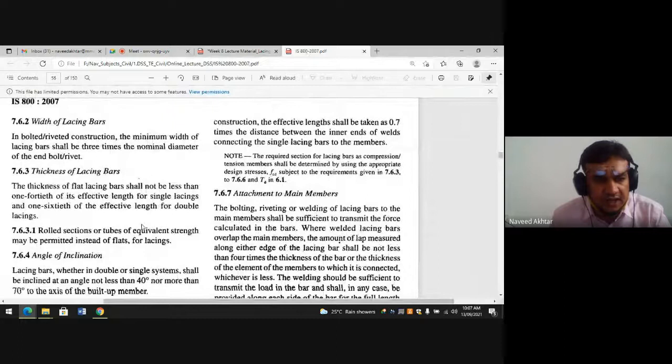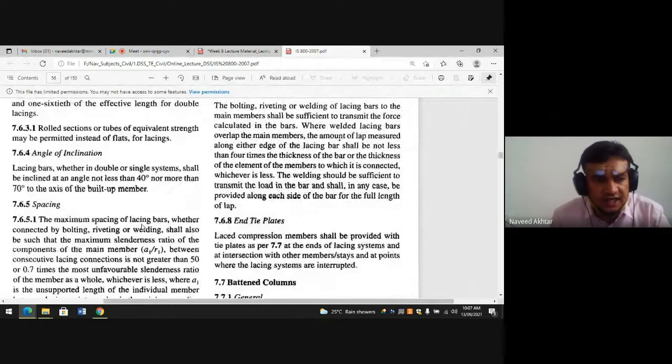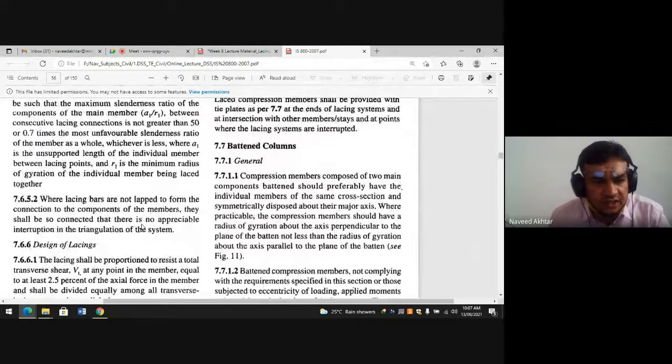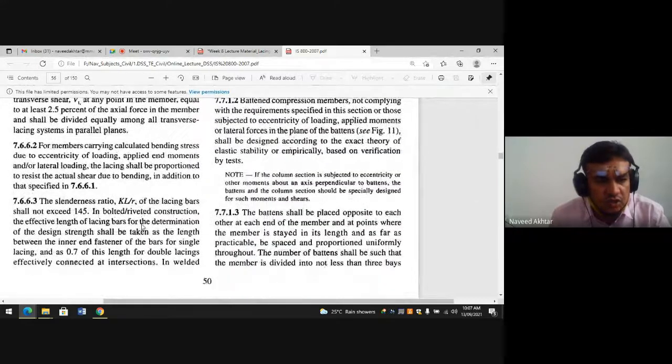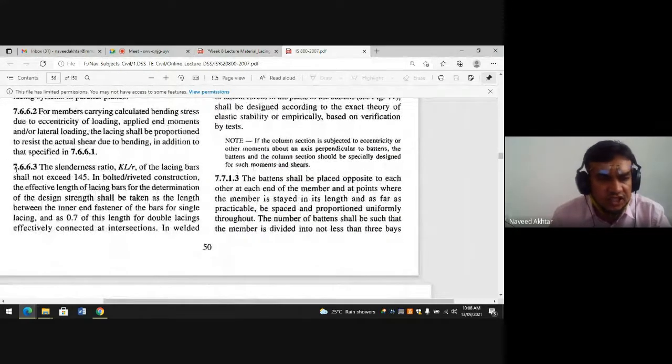So if we look at the slenderness ratio of the lacing bar, it is given in your clause also, you don't have to remember it. You can see here, this is given in clause number 7.6.6.3.